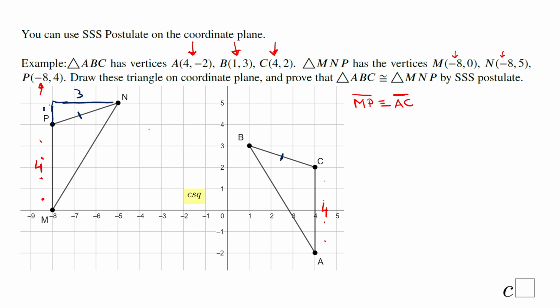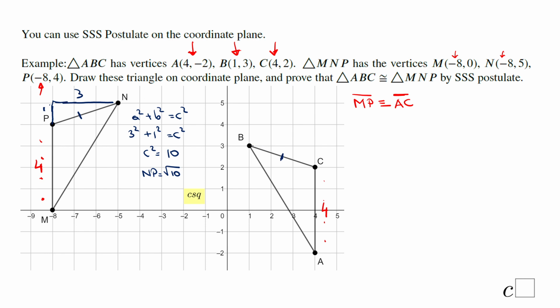So I'm going to have a squared plus b squared equals c squared. And that will be 3 squared plus 1 squared equals c squared. So c squared is 9 plus 1, it's 10. And c, which is going to be nothing else than NP, will be square root of 10. We can leave it like that. In fact, we cannot simplify.